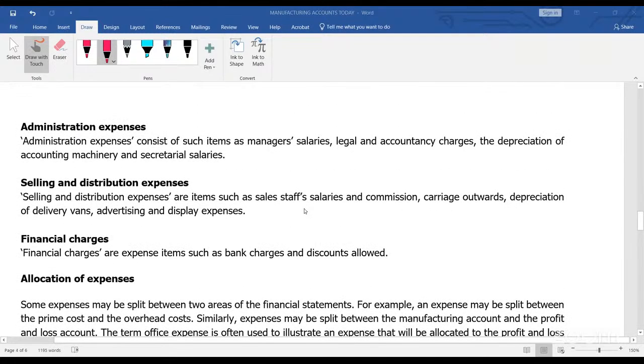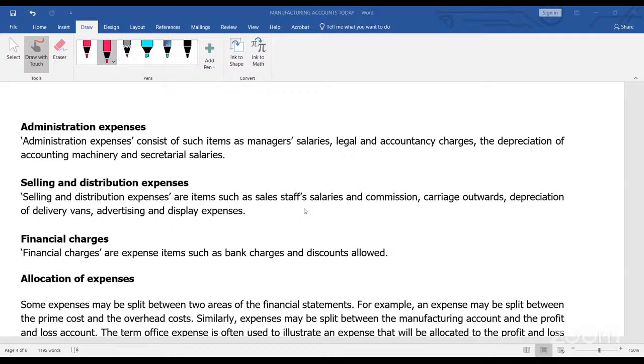Now, there will be what we call administration expenses, selling and distribution expenses, and maybe what we call the financial charges. So administration expenses, those consist of items such as the manager's salaries, legal and accountancy charges, depreciation of accounting machinery, and the secretarial salaries.